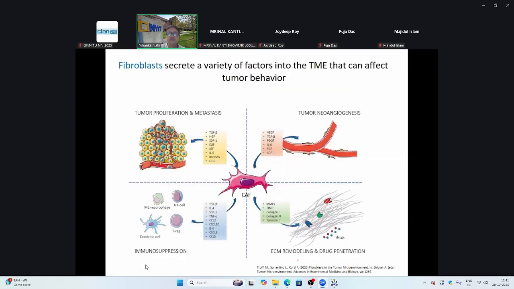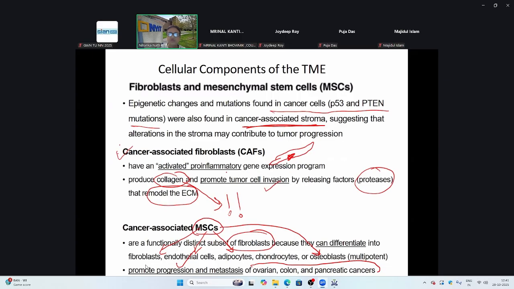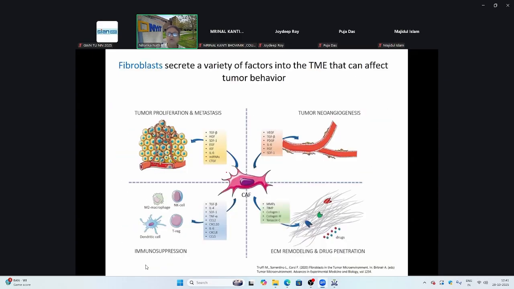And this is just to give you a summary of these cancer associated fibroblasts that I talked about here. They work to promote blood vessels, etc. So they will help support the whole thing by secreting these different chemicals in order to allow proliferation.